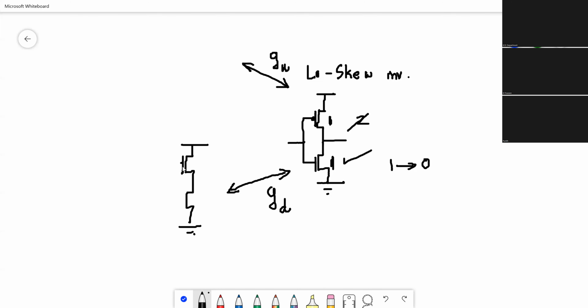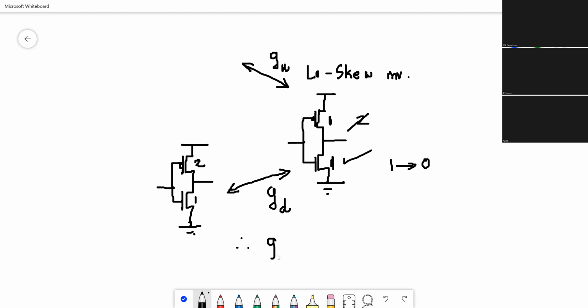When I'm doing the logical effort for pull down, that is GD, I will put the NMOS identical here. But I cannot put the same thing in the PMOS, which means it is the same inverter. For an inverter, if the NMOS is 1, for a normal inverter, PMOS will be 2.